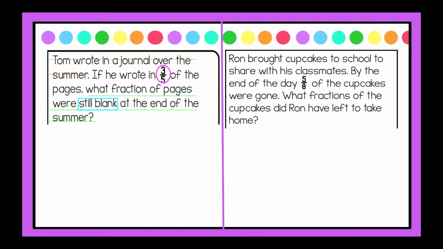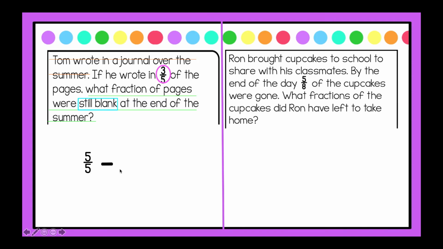Now, I told you a few seconds ago that he started writing when he had that whole book. Okay, now look at this. We know that when we represent a whole, we put the same number on the numerator and the denominator. So that means we're going to need 5/5. That represents that whole entire book that he has, the whole journal that he has.